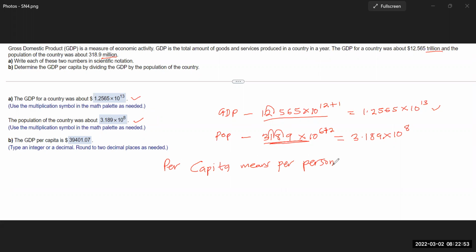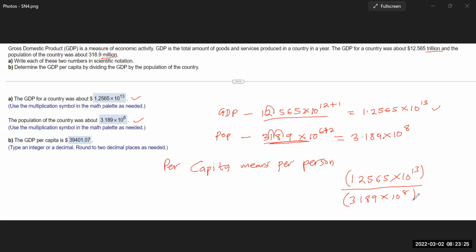So we're going to divide the GDP by the population. The GDP is 1.2565 times 10 exponent 13. Put that in parentheses and then divide by 3.189 times 10 exponent 8. When you do this division, that will give you the GDP per capita.